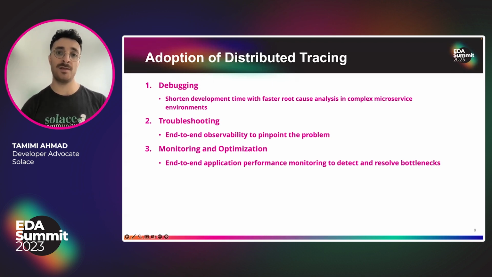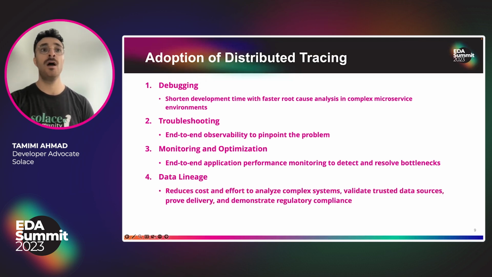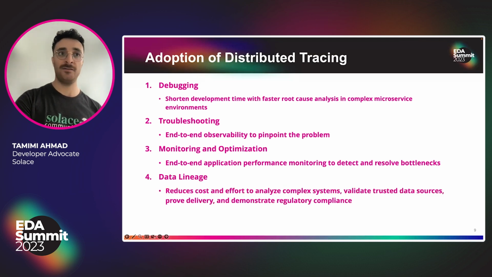This is very important as well, because sometimes you want to figure out what issues are happening in your system that could reduce performance. If you want to enhance the performance of your system, you can see end-to-end visibility and say, okay, here's the shortest path, or here's the path that took the longest time to execute, thereby improving the optimization of your system.